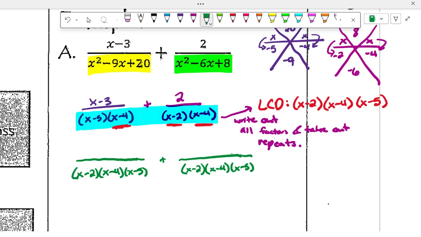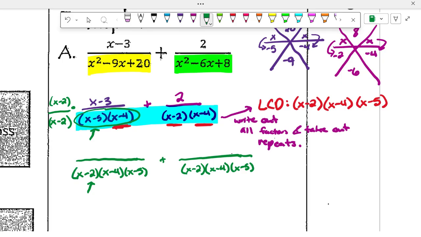So for example, if I look at the first one, to the left side, so this one right here, between that denominator and my common denominator, what's missing? So between this denominator and this denominator, what's missing? X minus 2. So guess what I'm multiplying by? X minus 2.